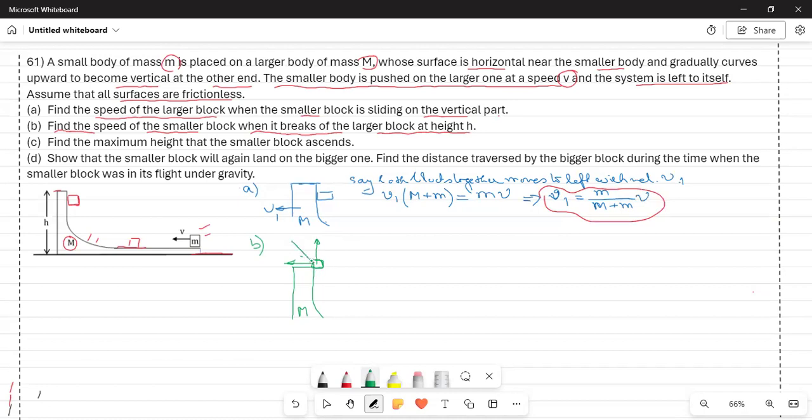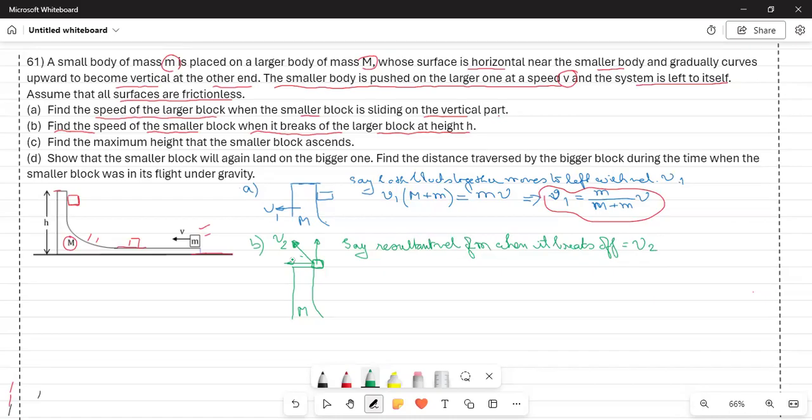So let us say this is its resultant velocity V2, the resultant velocity of the smaller block when it breaks off. And V2 has some angle with the horizontal or the vertical, but we do not need that right away.